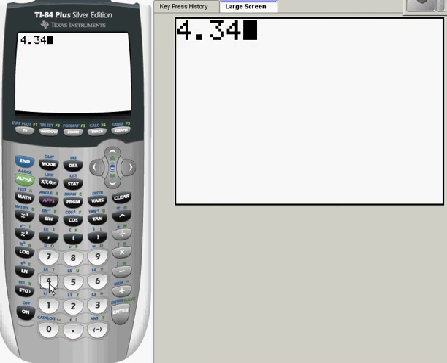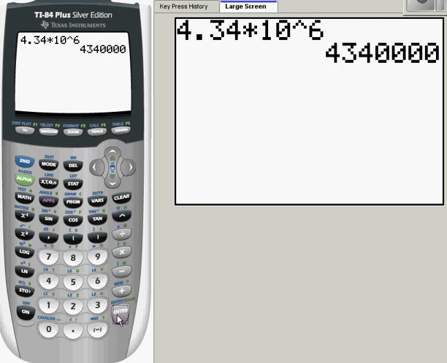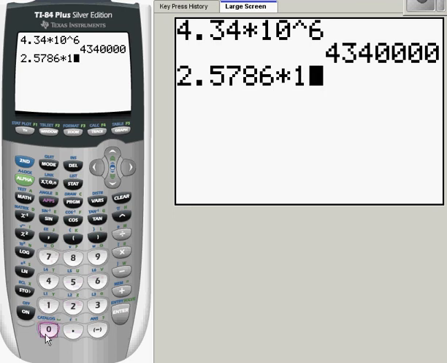Let's do the next one, 2.5786 times 10 caret 8, enter, and there you go, 257,860,000.